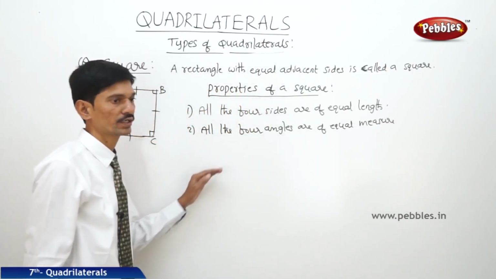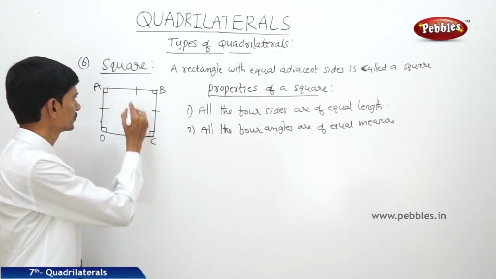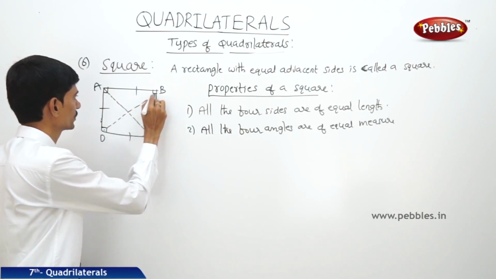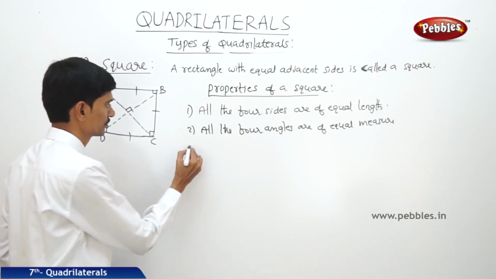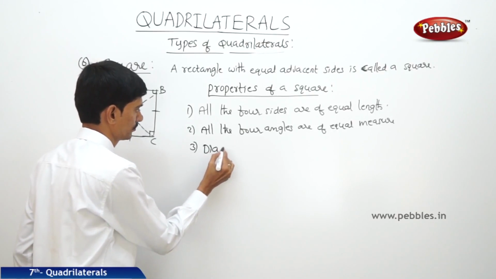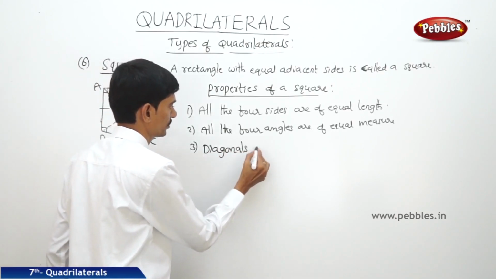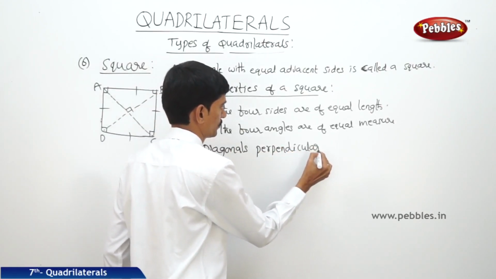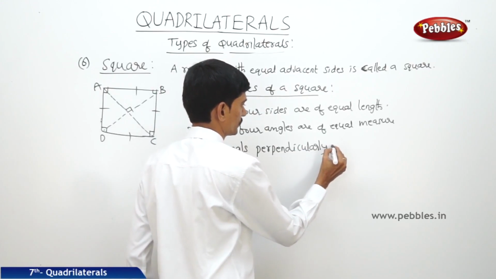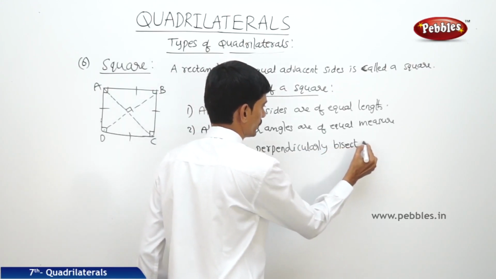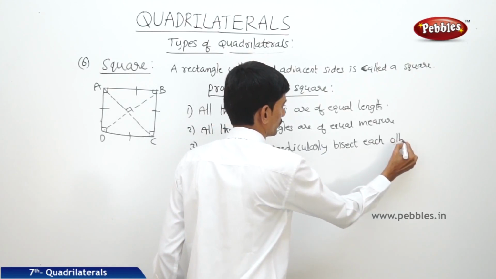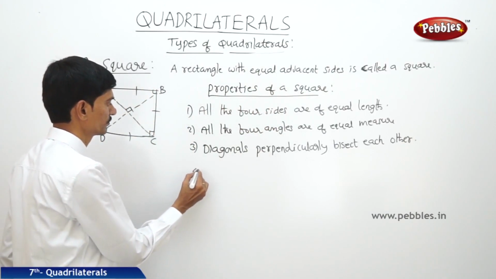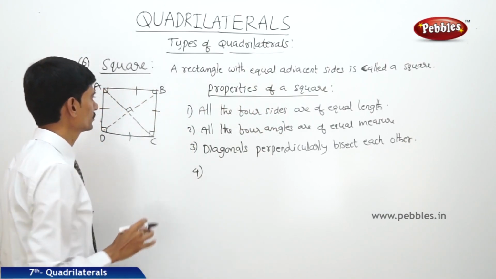Means the measures of the four angles are equal, and the diagonals perpendicularly bisect each other. And the fourth property, the diagonals are of equal length.